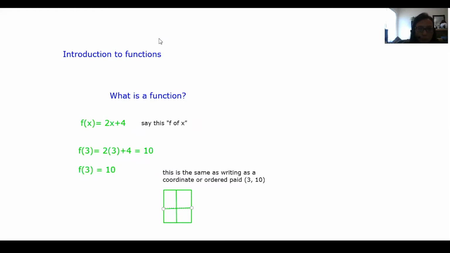Excuse my lines not being straight, but that table would say x goes in one side and y comes out the other. If we put 3 in for x, we would get 10 coming out the other side as our result.